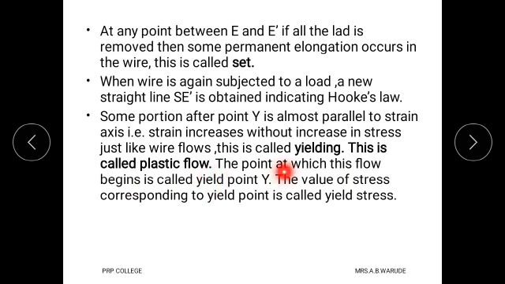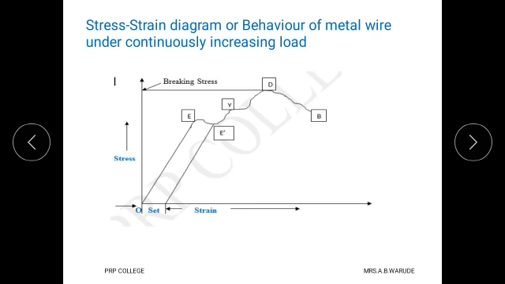That means this is the point at which the wire shows the property of plasticity, and the value of stress corresponding to the yield point is called yield stress. See here, this point is almost parallel to the strain axis, and after that the wire shows the property of plasticity.